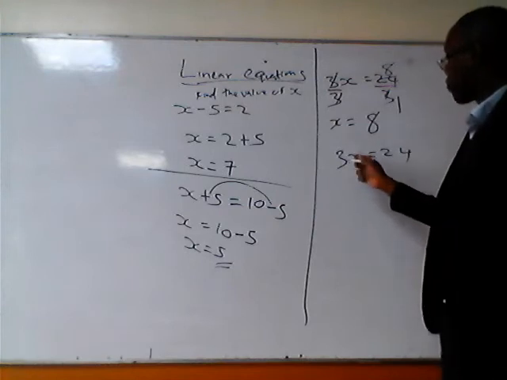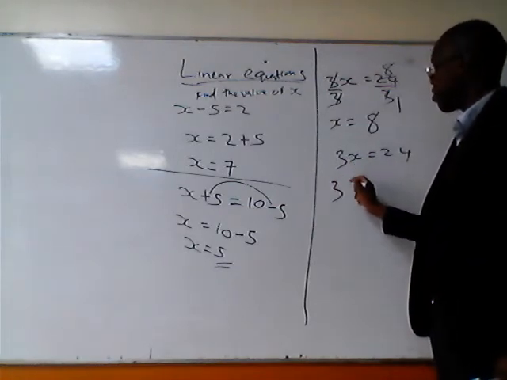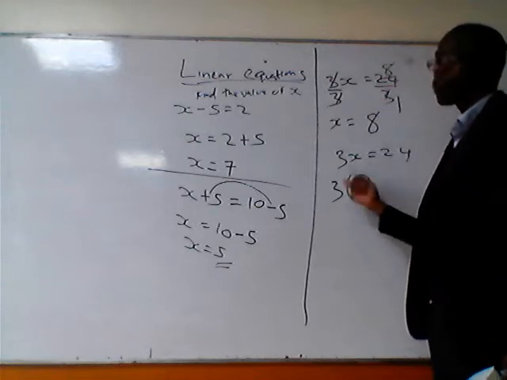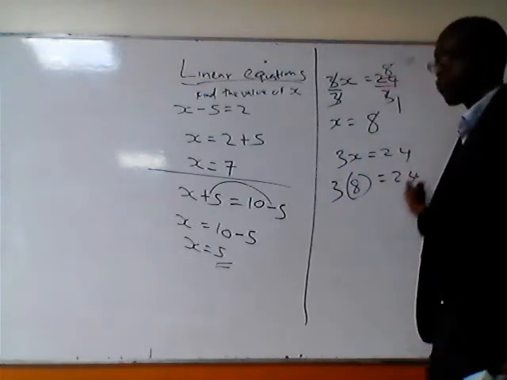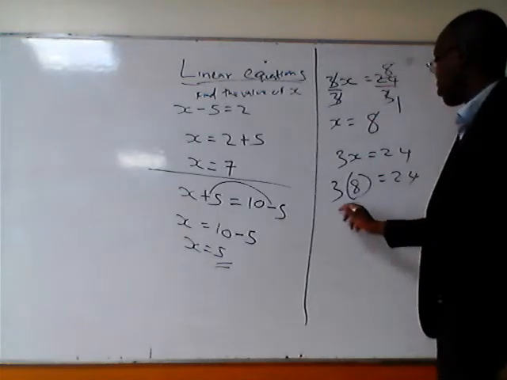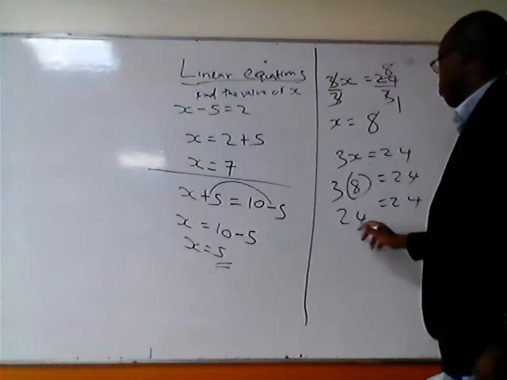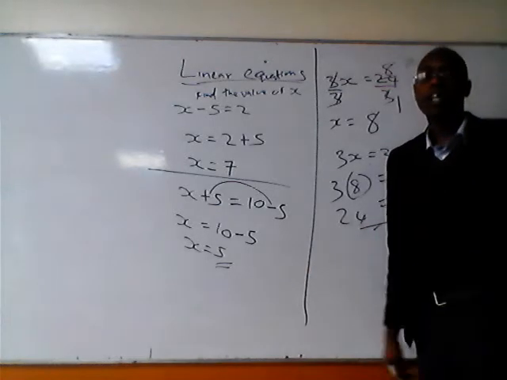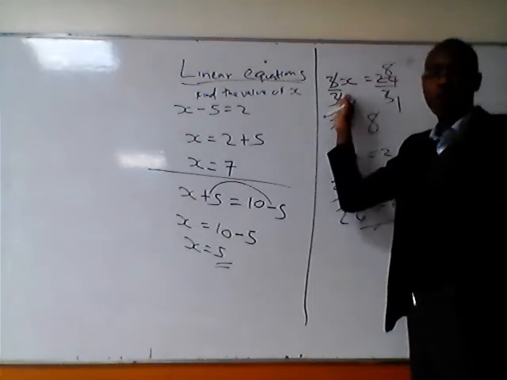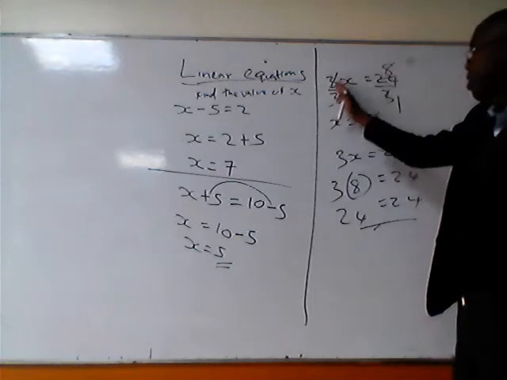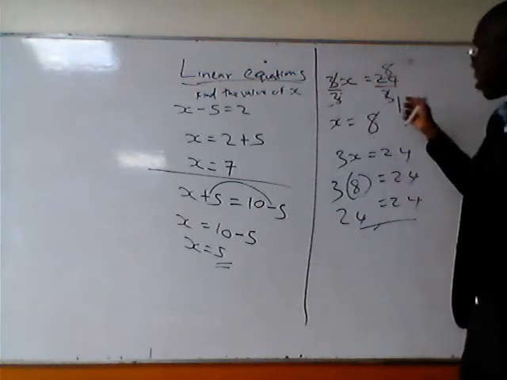If we substitute x here, it's going to be 3 into 8, because x is 8, which is actually 24. So at the end of the day, 24 is equal to 24, which proves that x is 8, because the left hand side and the right hand side are supposed to be equal.